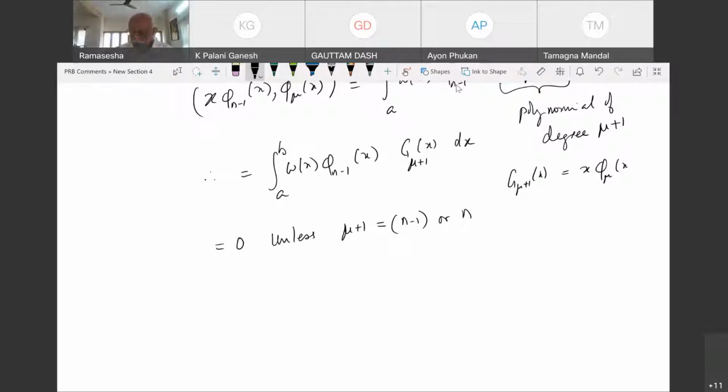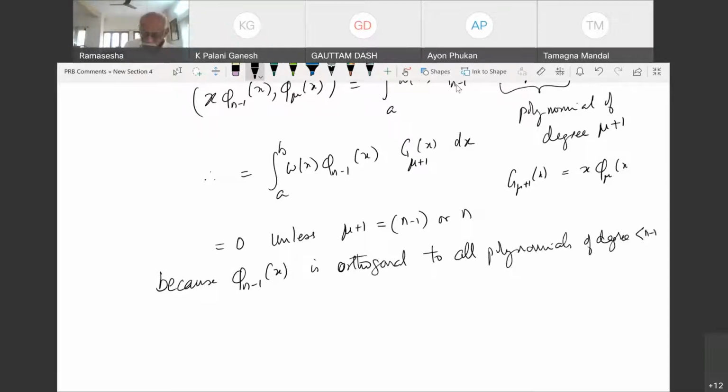But on the other hand, if mu plus 1 is less than n minus 1, then this quantity will be 0. This is very simple because p_{n-1}(x) is orthogonal to all polynomials of degree less than n minus 1.